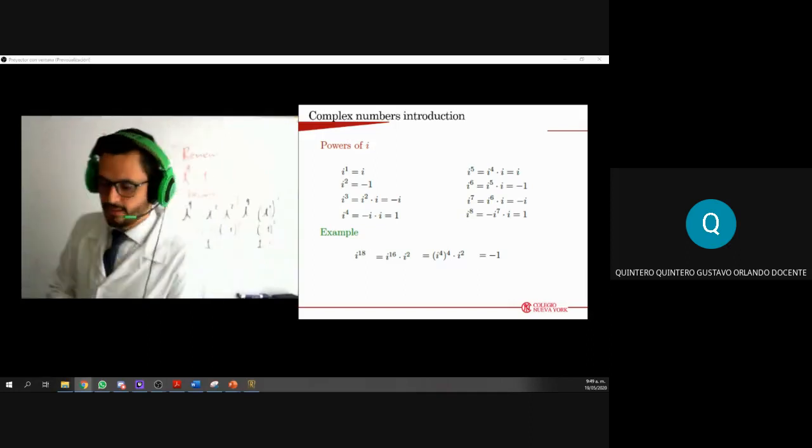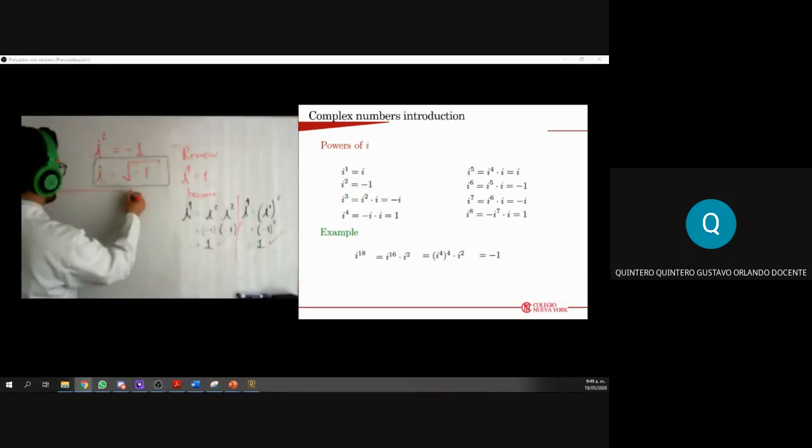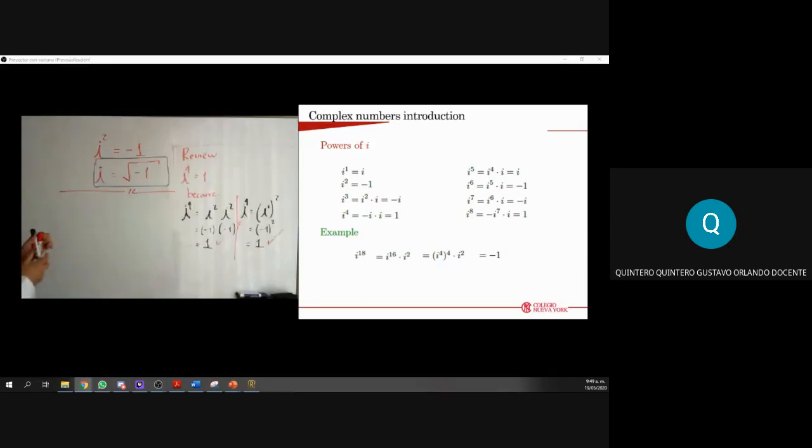What they did is this. i to the 4th power can be expressed as i to the 3rd power times i to the 1st power. It works because they have the same base, so we leave the base and we add the exponents because we have a multiplication. So 3 plus 1, 4.